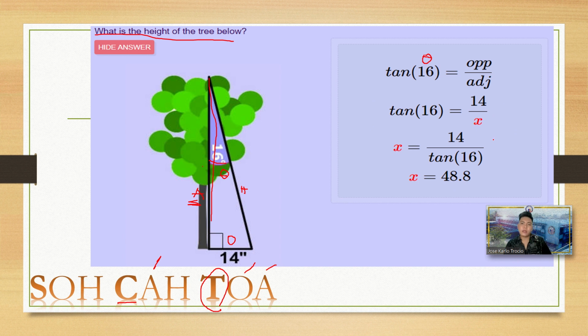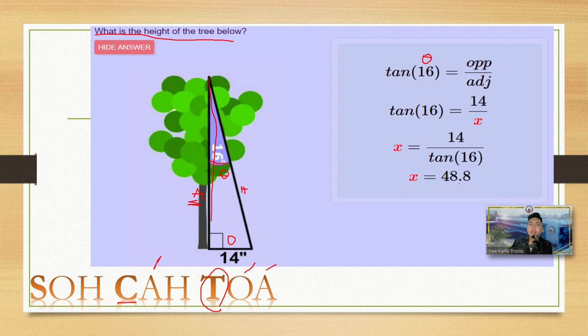Or in whichever way you can do that, but it goes like this now. X is equal to 14 over tan times 16. Okay, and you multiply it, that is now 14 over tan times 16, and that is now 48.8.